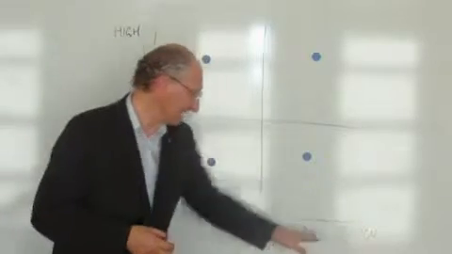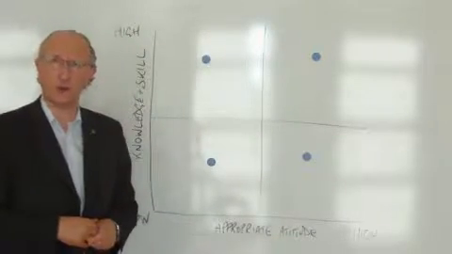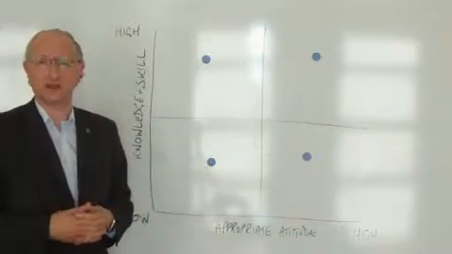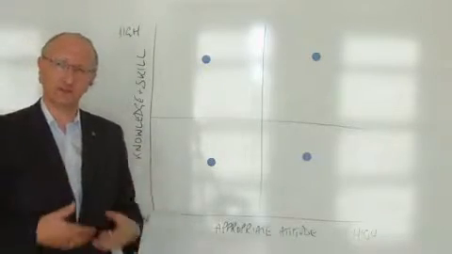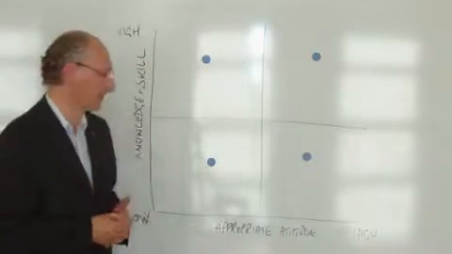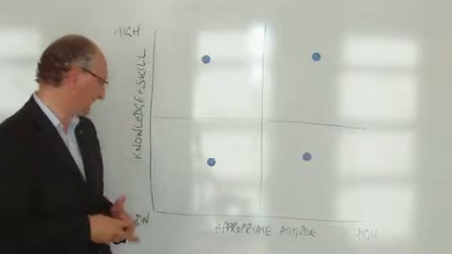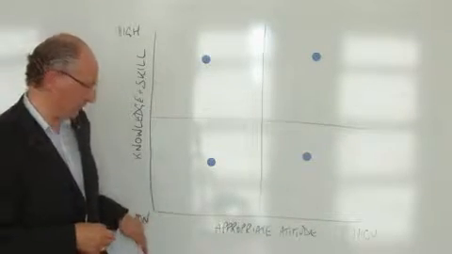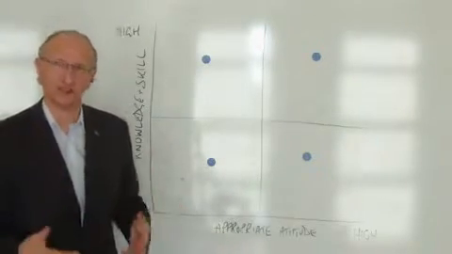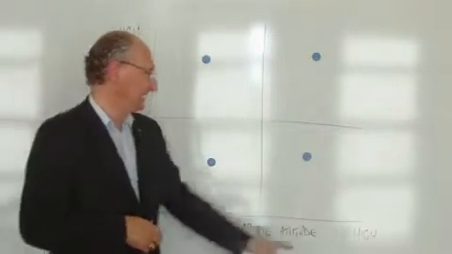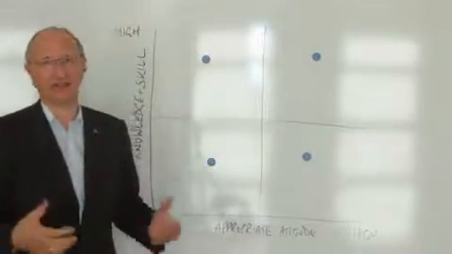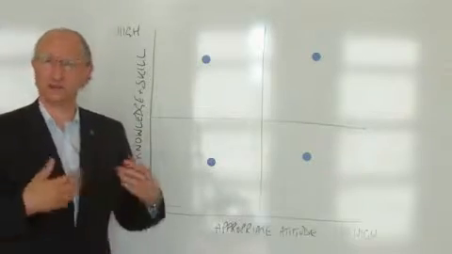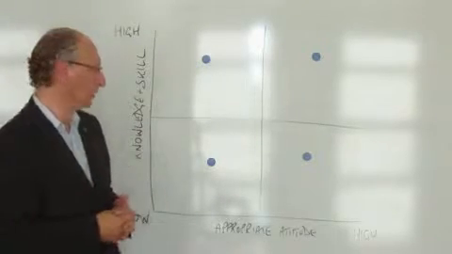On this axis, what we've got is the appropriate attitude by the individual: the appropriate level of commitment, motivation, will to do the job. At this side, they would have low, poor, inappropriate attitude. And at this end, they would have high attitude, appropriate commitment to the function and the role.